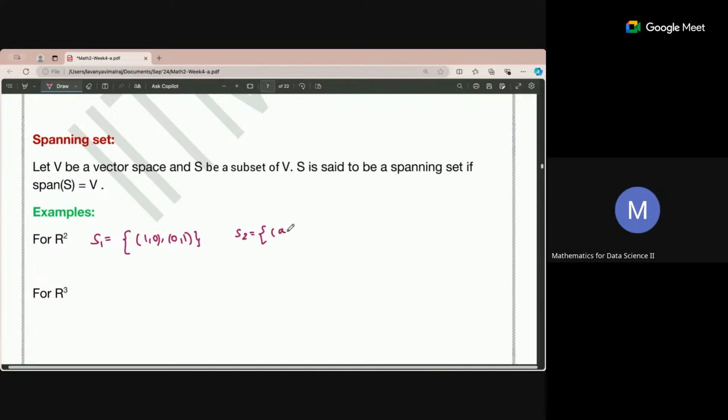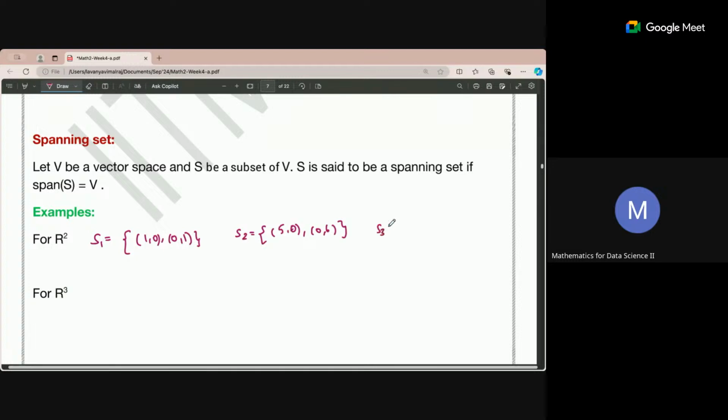What are a and b? Specific values, then let's put specific values, so that we don't confuse others. So maybe I can take (5, 0) and (0, 6). Yes, this is a spanning set.